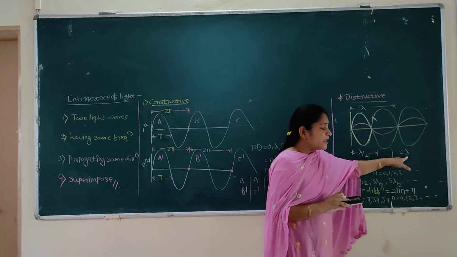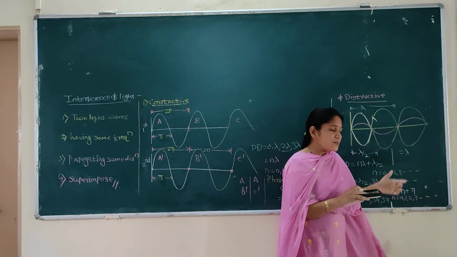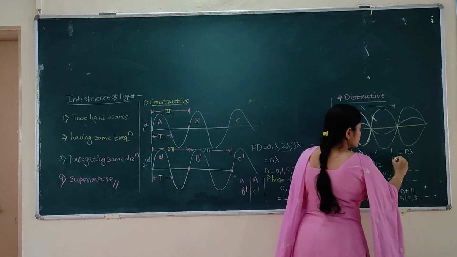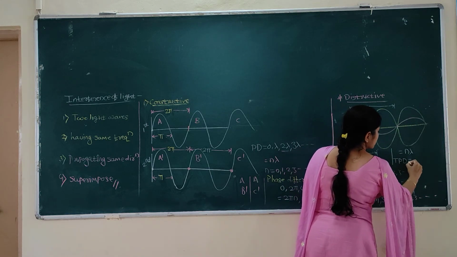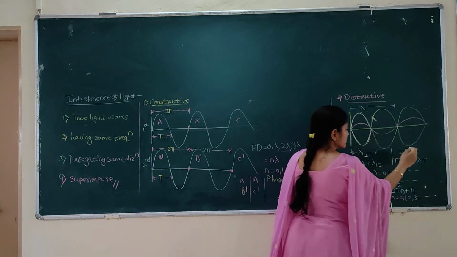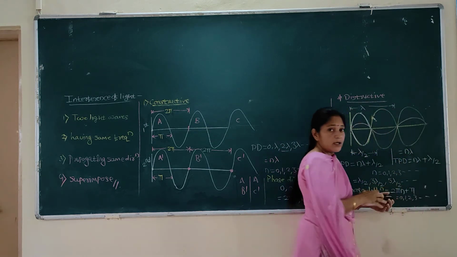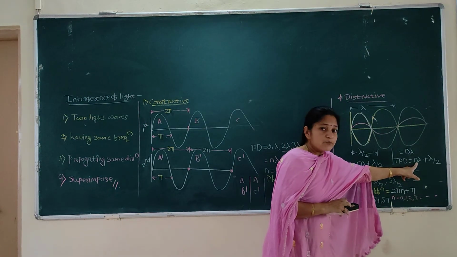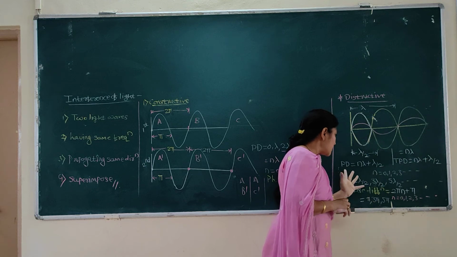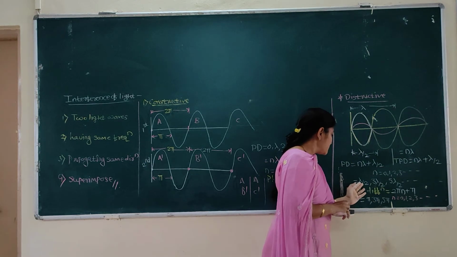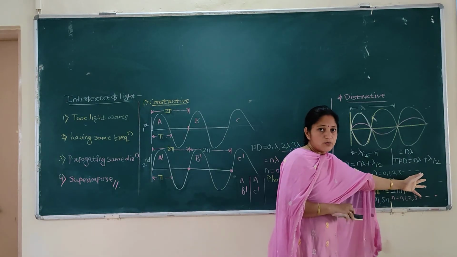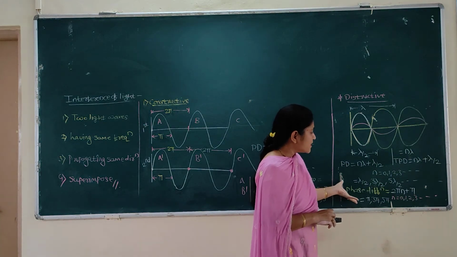So for n number of waves, that path difference we can write as n lambda. Therefore the total path difference we can write as n lambda plus lambda by 2, which is the difference between the two waves. Here we can put n equal to 0, 1, 2, 3. So we get the path difference for destructive interference as lambda by 2, 3 lambda by 2, 5 lambda by 2 and so on.